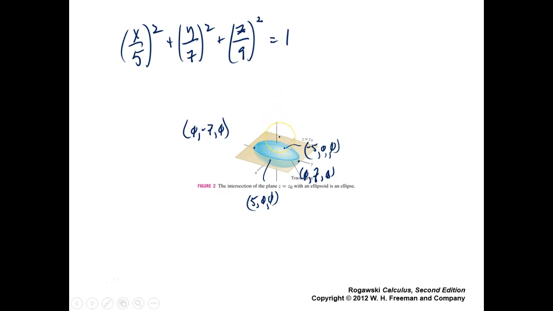The z, obviously z is scaled differently, because this would be (0, 0, 9), and the one down here, wherever that is, would be (0, 0, -9). Okay. Those would be the key points you might say on it.